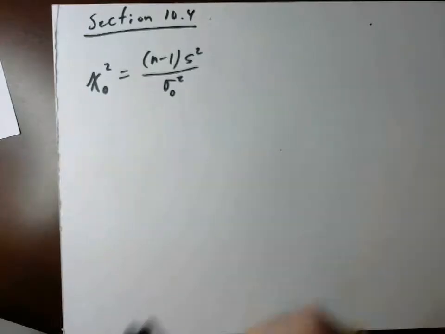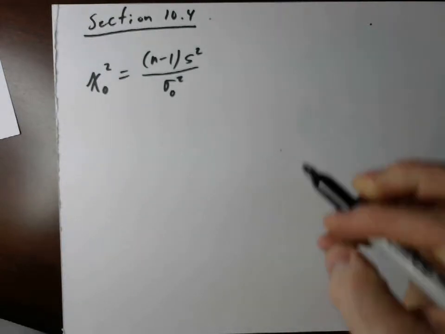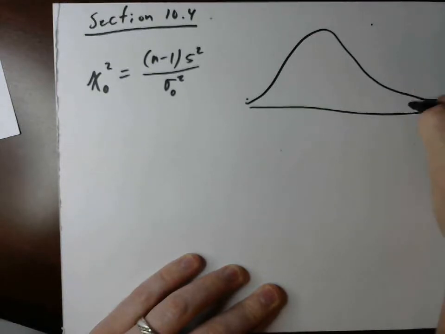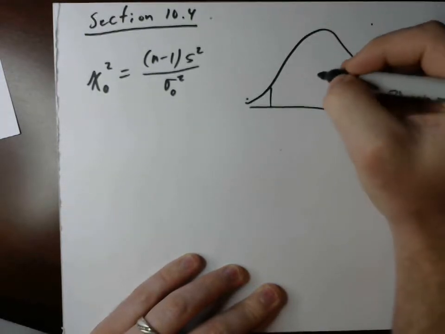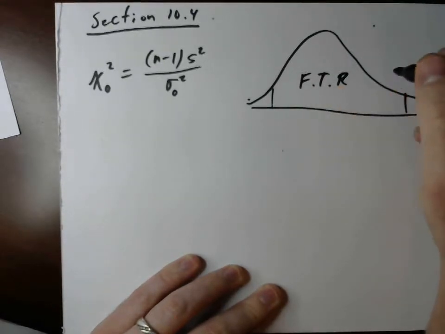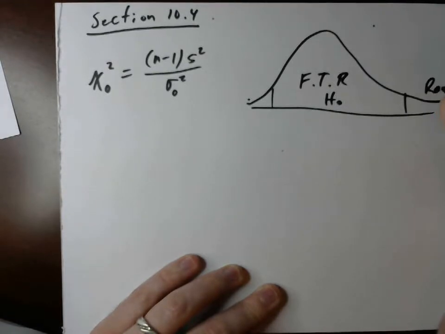So it's the same idea where our critical regions and how we determine our critical regions is the same. This is in our failed to reject region. I'm just showing you the two-tail version. This is the failed to reject region of H naught, and this is the reject region.